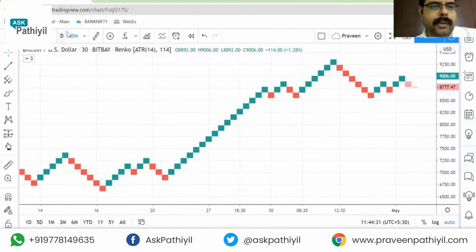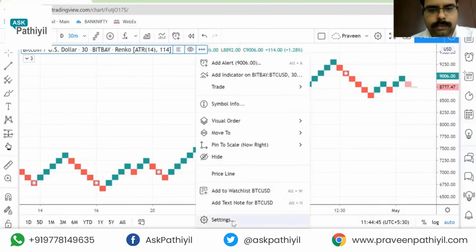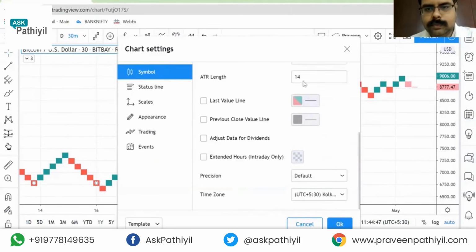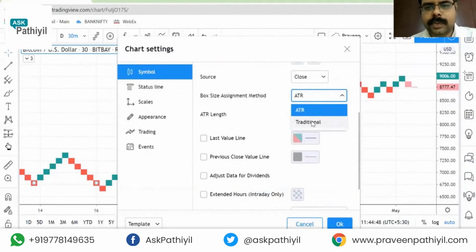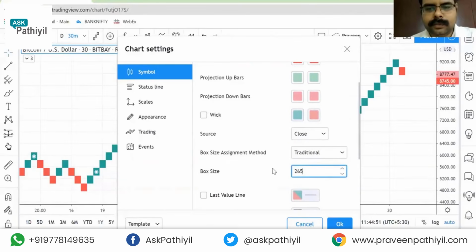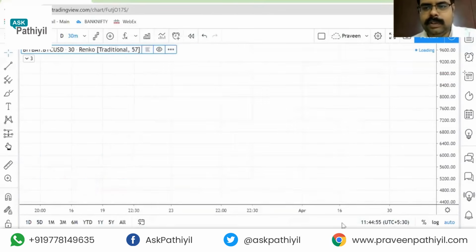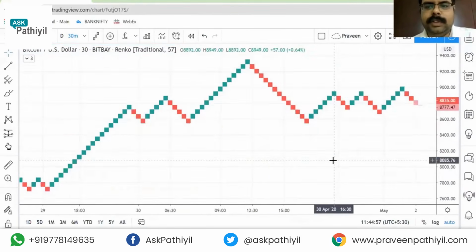ATR 14 for Bitcoin 30 minutes is 114. So I'm just going to take half of it for defining my brick size. So it comes to 57. I'm going to change it to traditional, 57. And here I am done with it.